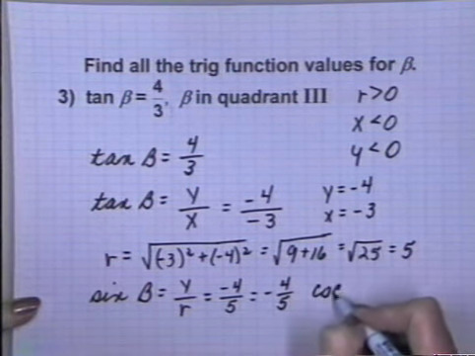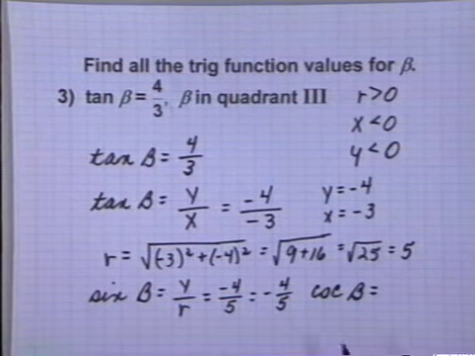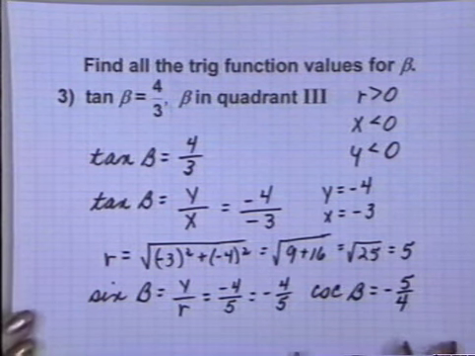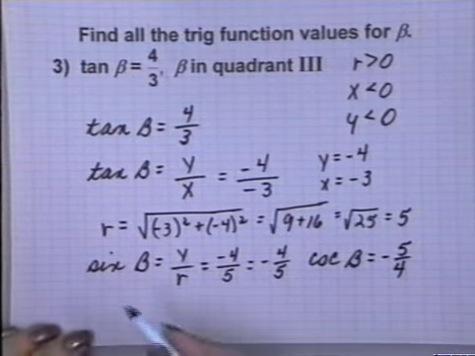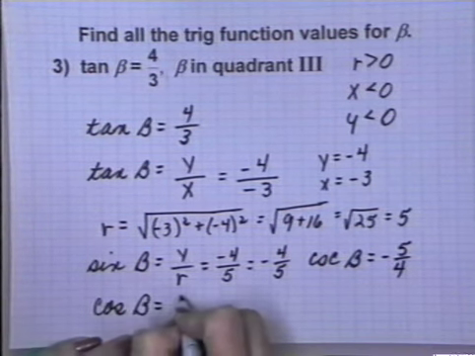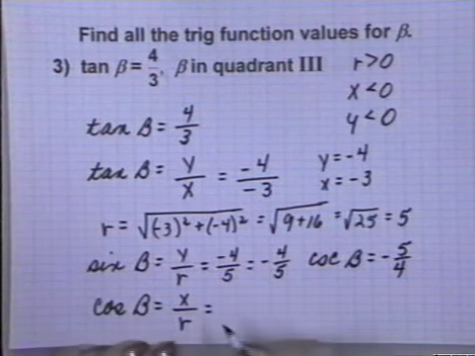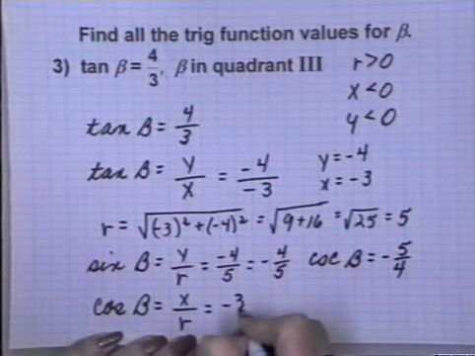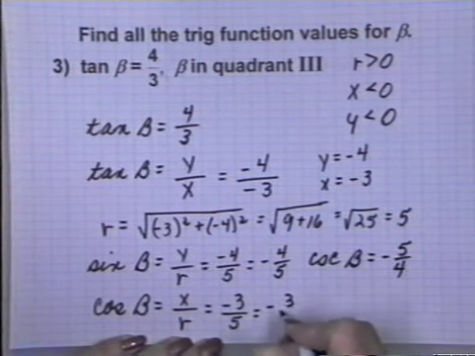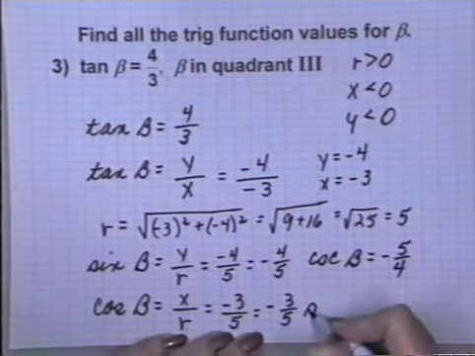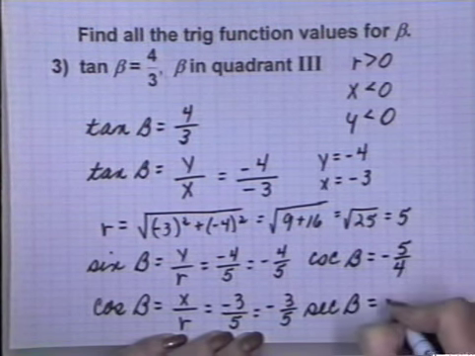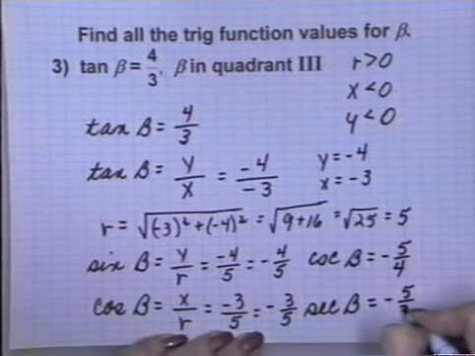The cosecant of beta is the reciprocal of that, so that would equal -5/4. To find the cosine of beta is x divided by r, so that would be -3 divided by 5, which would equal -3/5. And then to find its reciprocal, the secant of beta, that would equal -5/3.